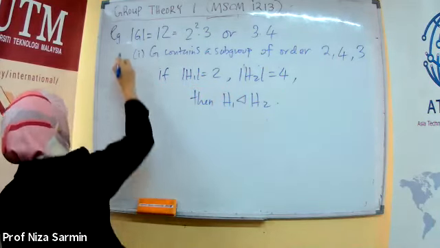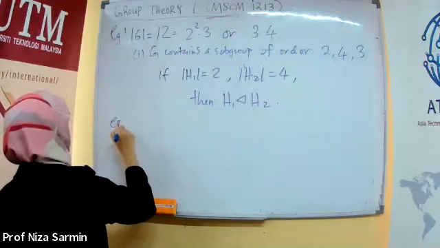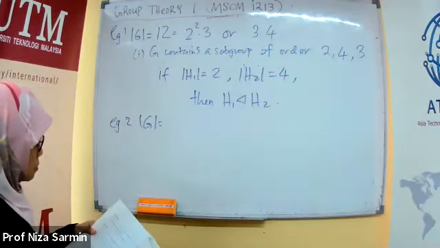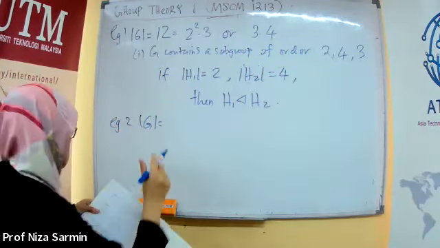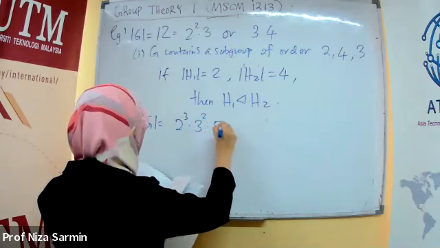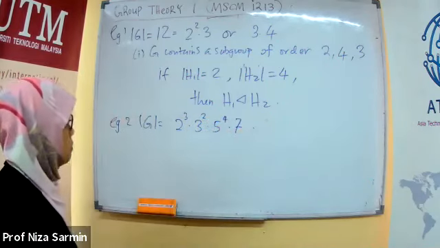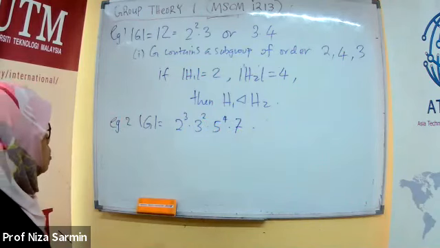The next example is the order of G is 2^3, 3^2, 5^4, 7.